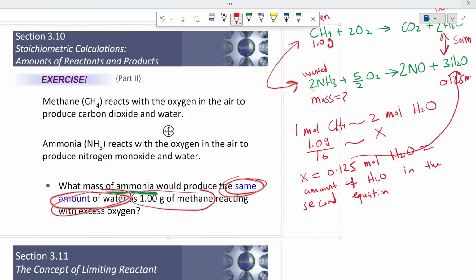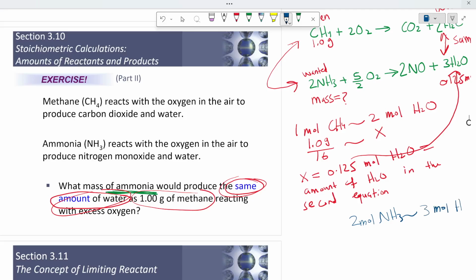The ratio between ammonia and water is 2 to 3. Write it now here. 2 moles of ammonia produce 3 moles of water. The amount of water is 0.125 because it equals the amount of water in the first equation, here moles and here is x.